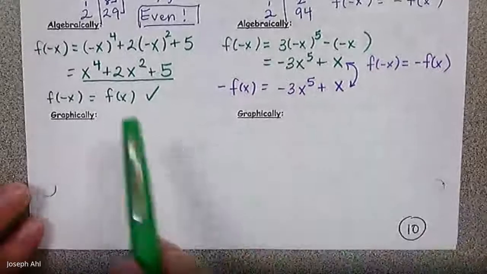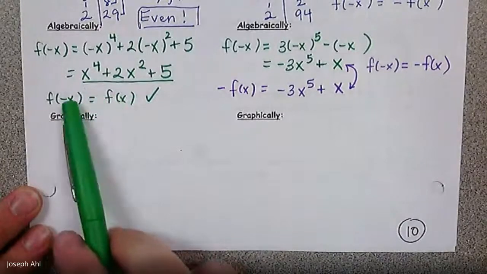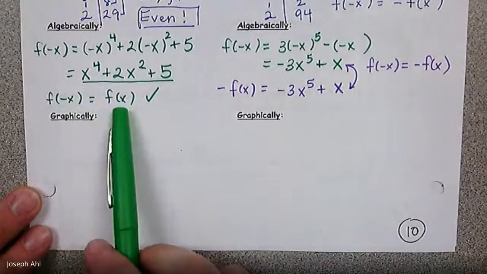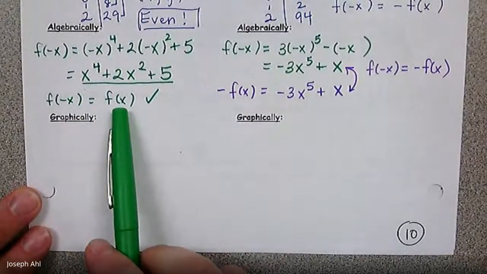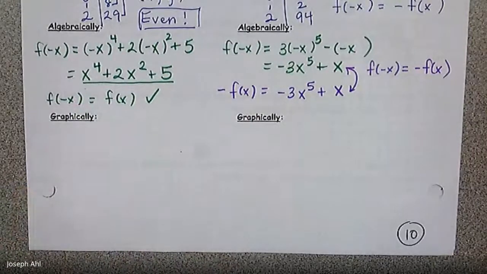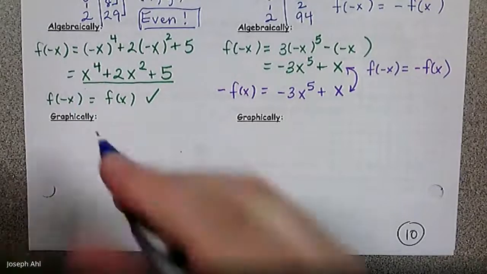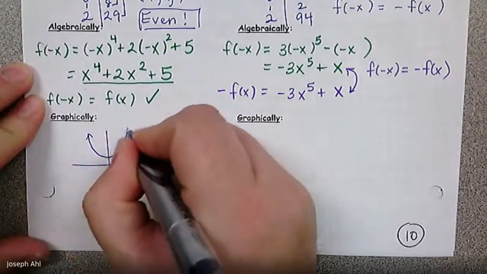Now, by the way, thinking about what the graphical representation is, how can I just look at a graph and know what's happening here? What we're saying is that whether I plug in x or -x, those two y values are the same. So what type of transformation is that? If x and -x have the same output, hopefully what you're thinking is that if you were to graph this, you're going to get something that looks like this.